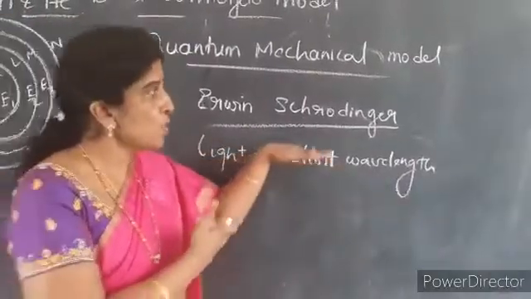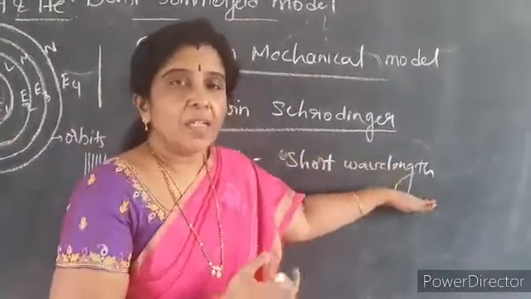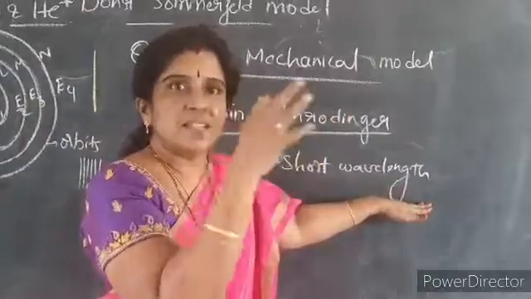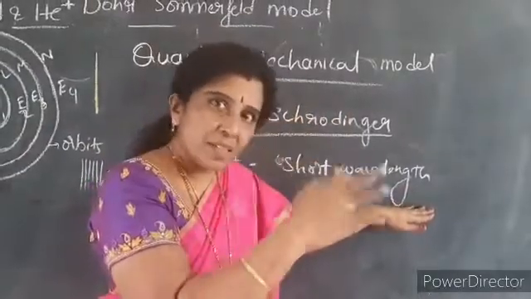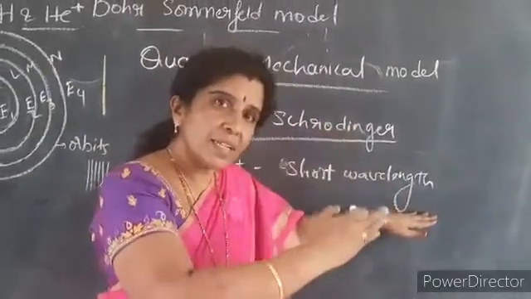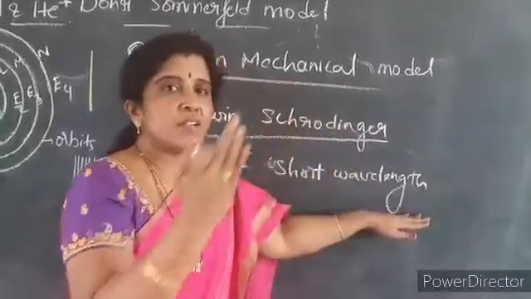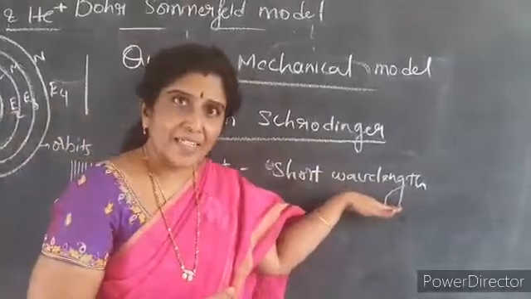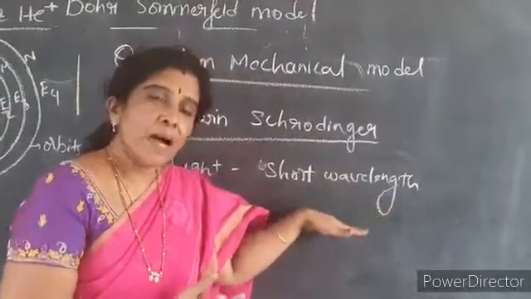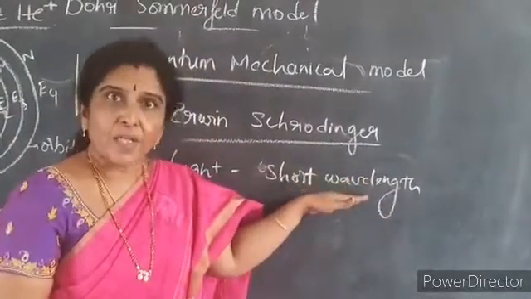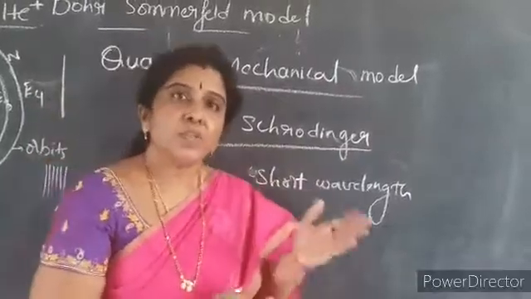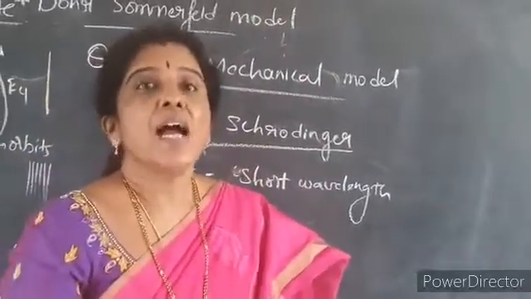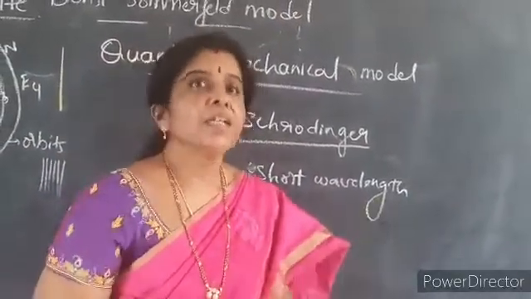So when we are using the light with short wavelength, the electron definitely gets disturbed. So can you simultaneously find out both position and velocity? No. Because when you are focusing this light on the electron, the path of the electron is getting disturbed. So we cannot find out the position and velocity accurately. So it is a bit difficult.